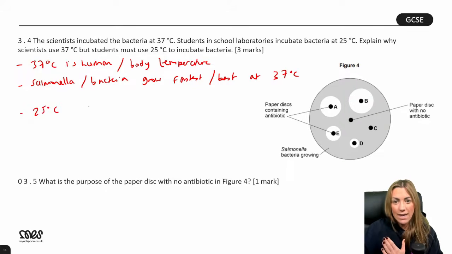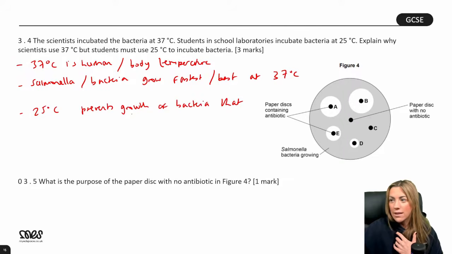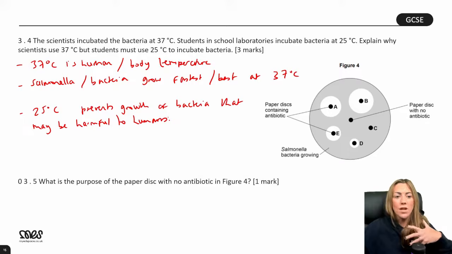So 25 degrees C is a lot cooler, right? So it prevents the growth or restricts the growth of bacteria that may be harmful to humans, such as salmonella. So we don't want students in a school to be encouraging the growth of human pathogens.